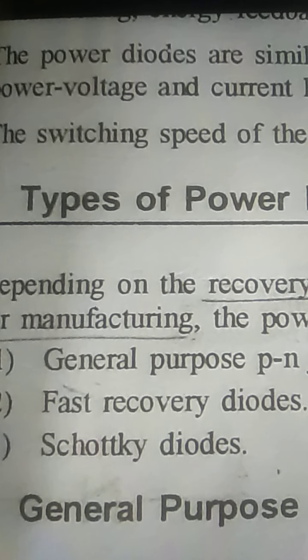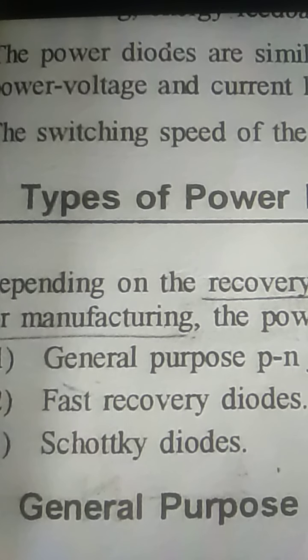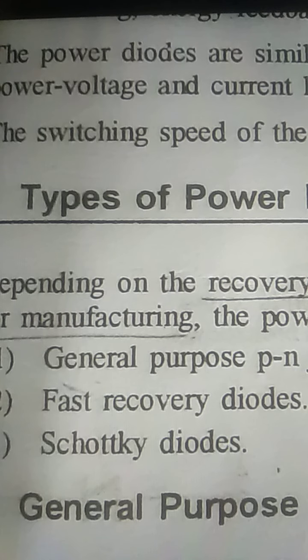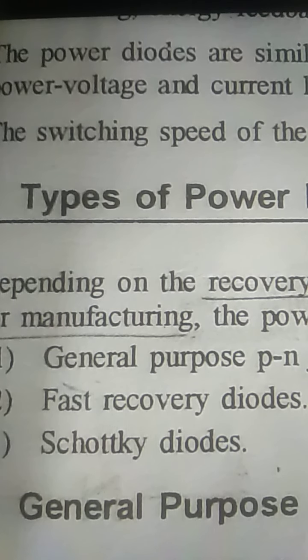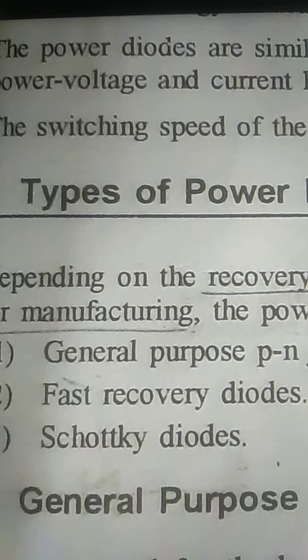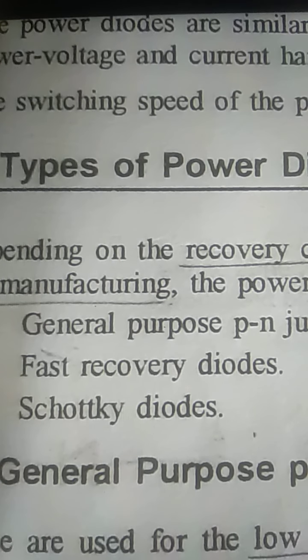It has high reverse recovery time. Ideally reverse recovery time should be 0, but this does not happen. It takes a high reverse recovery time, and this we don't want. So this was about the general purpose PN junction power diode.